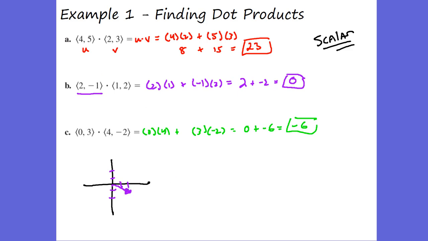And then right here is 1, positive 2. So that is this vector right there. Do you see how much the x values and the y values have in common with one another? Nothing. We get 0.